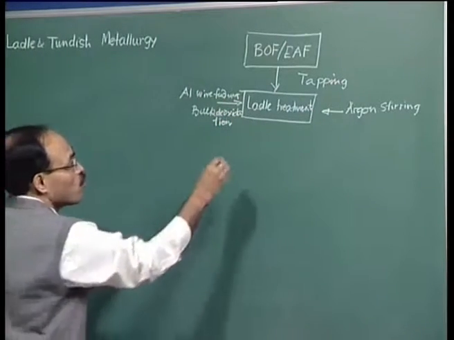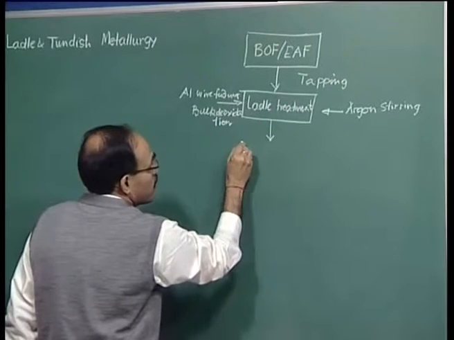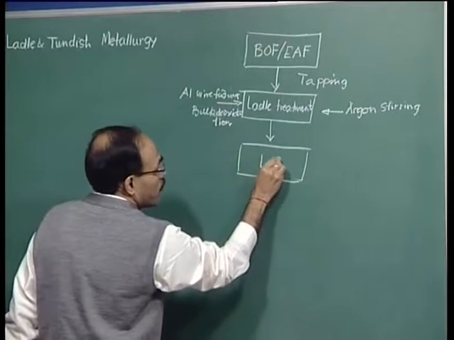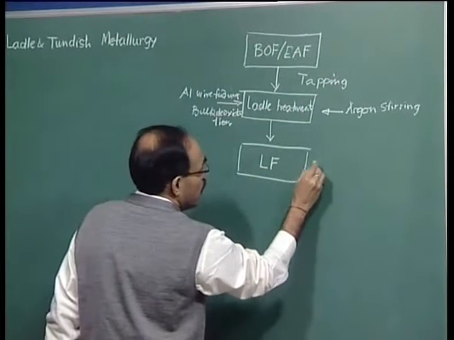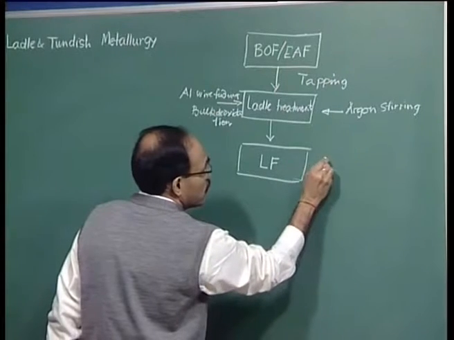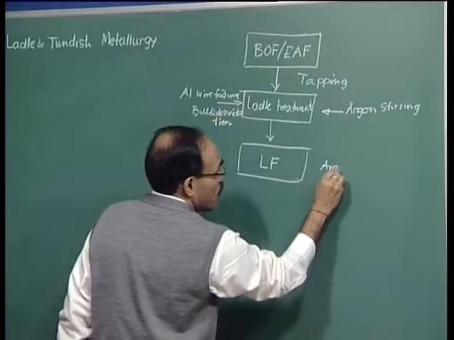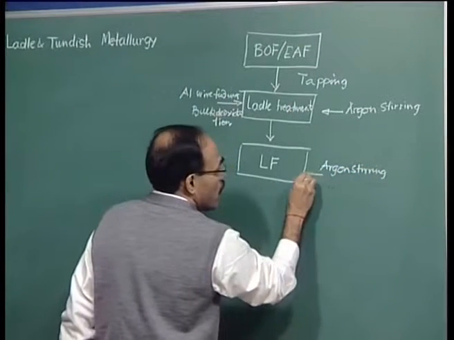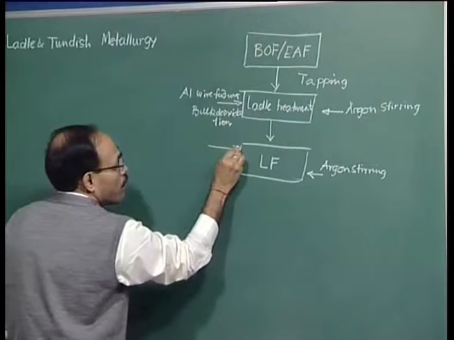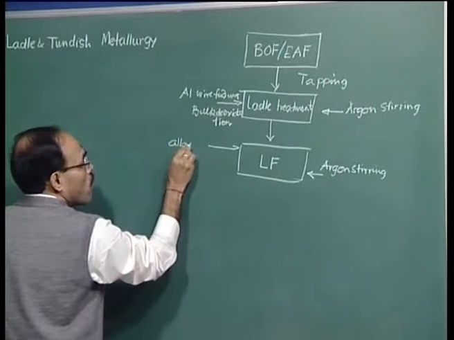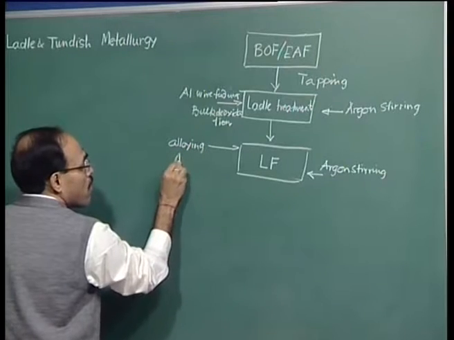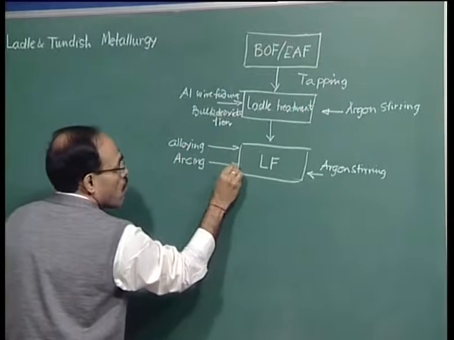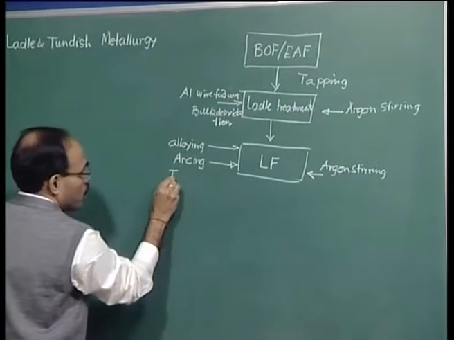Once deoxidation is over, the next general treatment is the LF. In the LF we have argon rinsing, or argon stirring, which is always there, and then we have alloying, arcing, and temperature control.